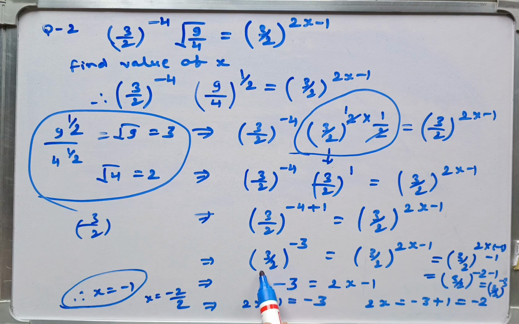See, LHS and RHS are now equal. So the value of x equal to minus 1 is correct. So this is all about the exponents which we use in maths.